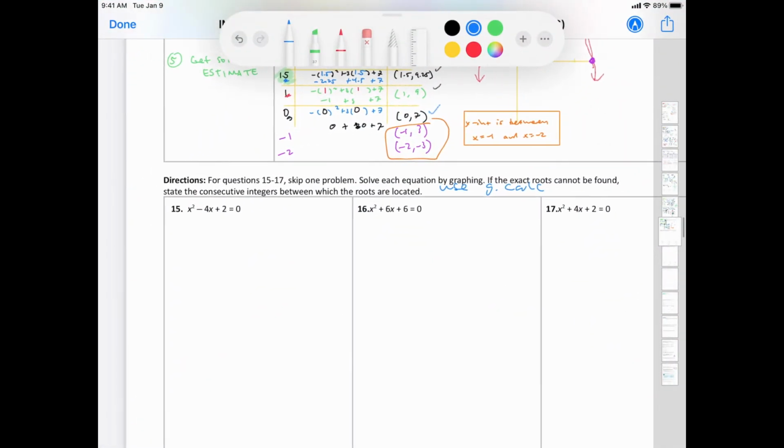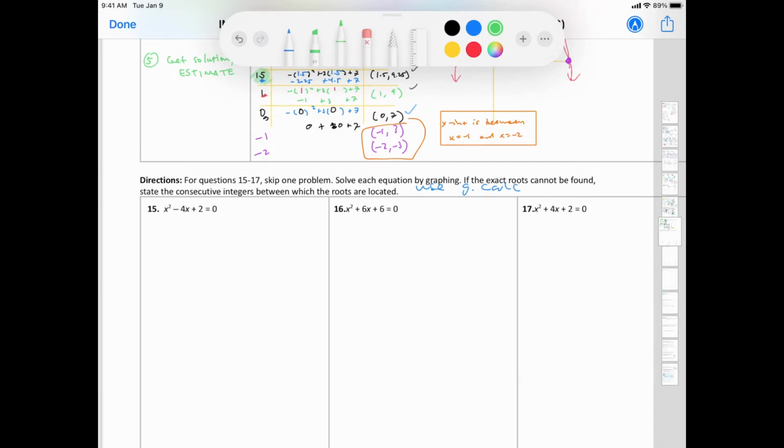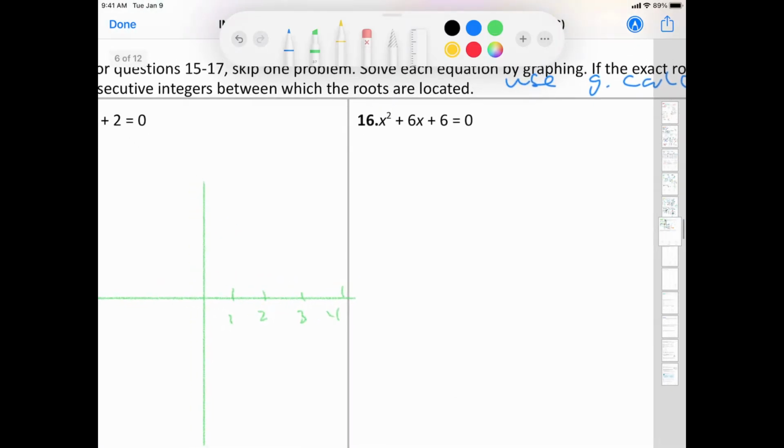So let's just draw a graph so we have a visual. And we said it was between 0, 1, 2, 3, 4, between 0 and 1 and 3 and 4. And this is what my graph kind of looks like, right?